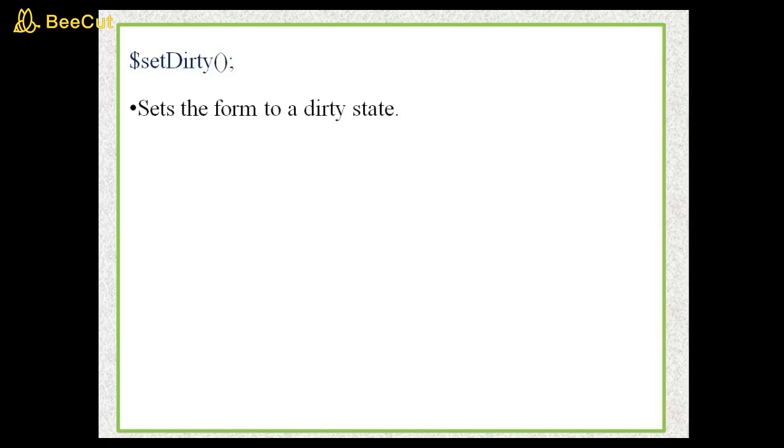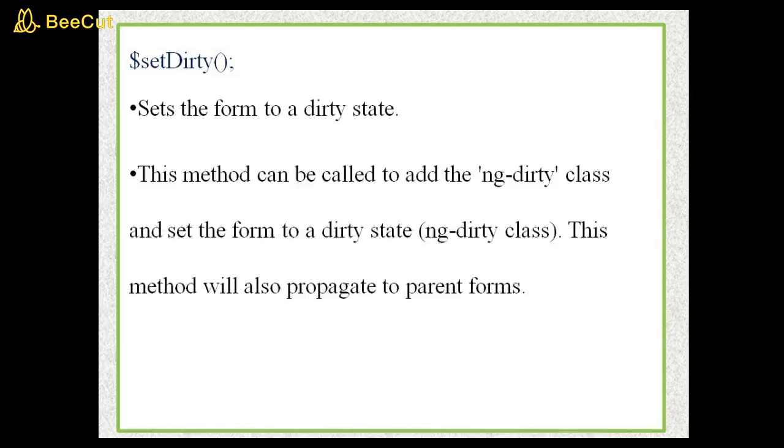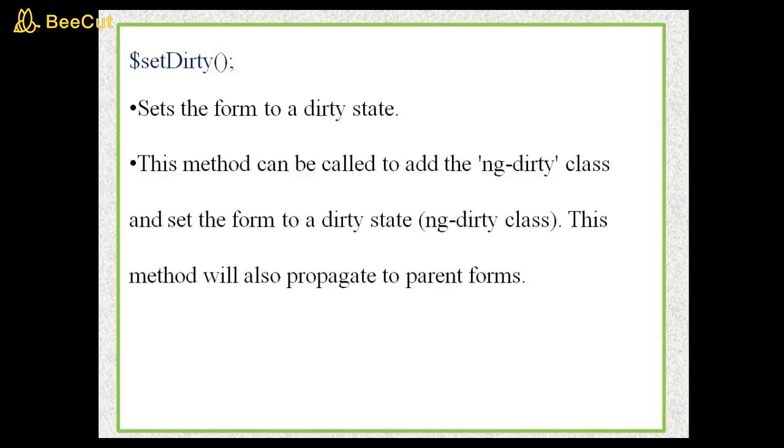$setDirty. Set the form to a dirty state. This method can be called to add the ng-dirty class and set the form to a dirty state. This method will also propagate to parent forms. $setPristine.